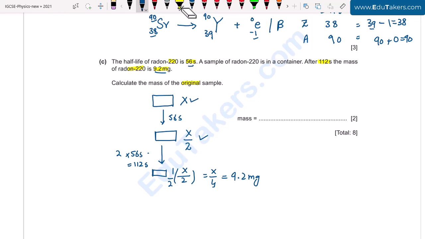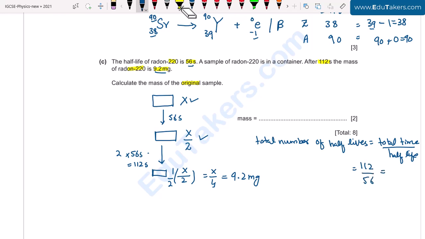So first of all, we calculate the total number of half-lives. Total number of half-lives is equal to total time divided by half-life. Here total time given in the question is 112 seconds and half-life is 56 seconds.